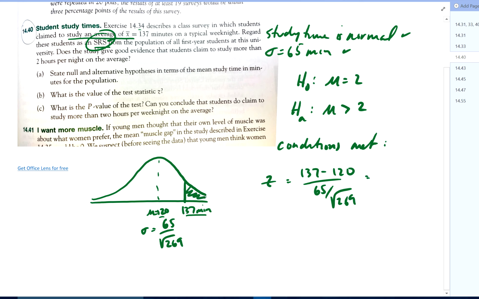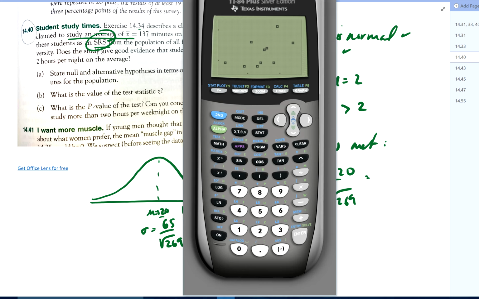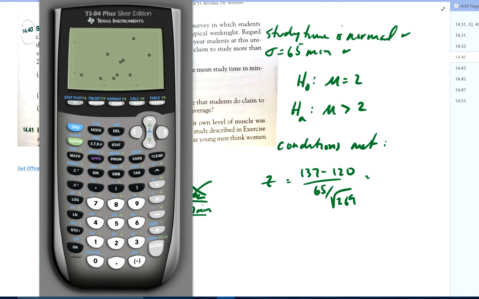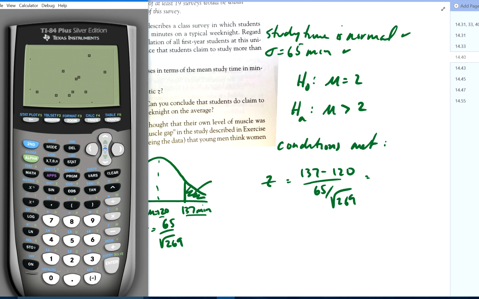And that's going to give me my p-value right here, the probability that I get 137 or more extreme. So I'm going to do this test on my calculator. We're going to do stat, tests. It's a z-test. We're putting in stats, data from summary statistics, not raw data.